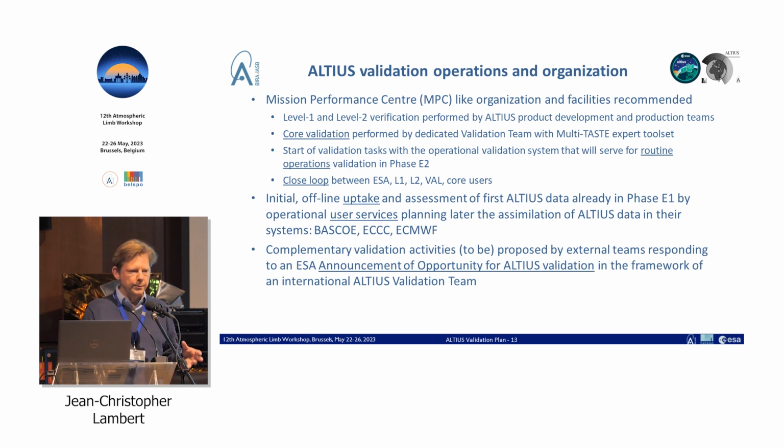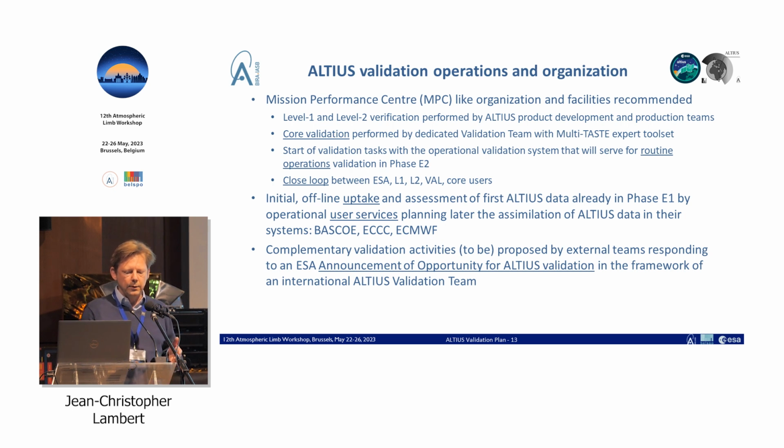A core validation performed by the small team, and you have seen the team coming from Belgium, Canada, and ECMWF. And then a validation task with an operational validation system for routine operations, a closed loop between ESA, the level 1, level 2, well, all the validation teams. Communication is extremely important, especially during the commissioning phase and the first year of operation.